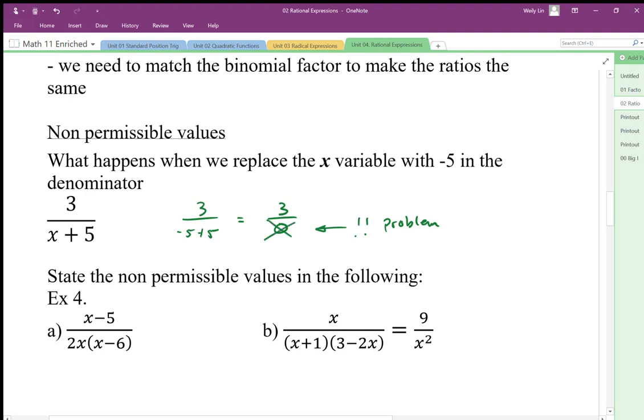So we're going to say that this is a non-permissible value. So x equals -5 is non-permissible, or a restriction.